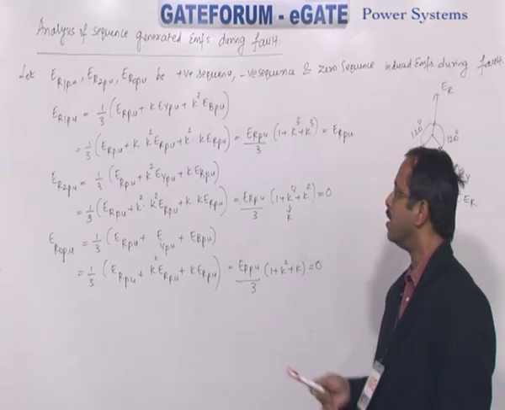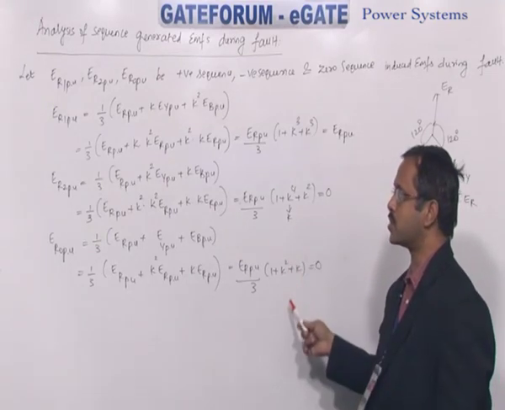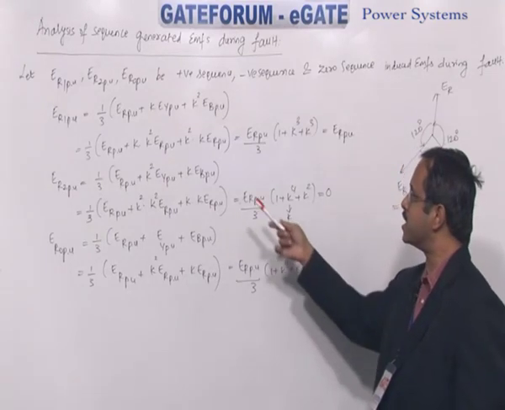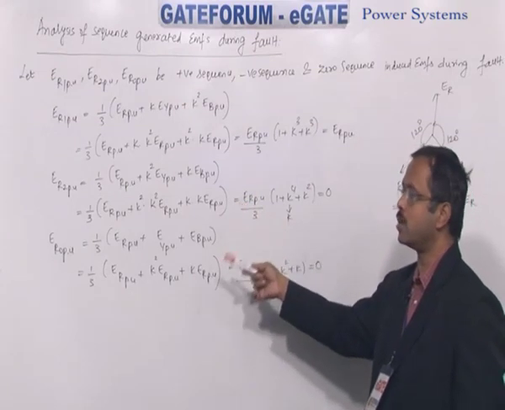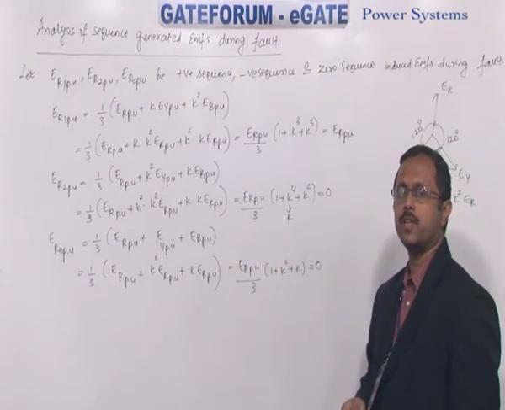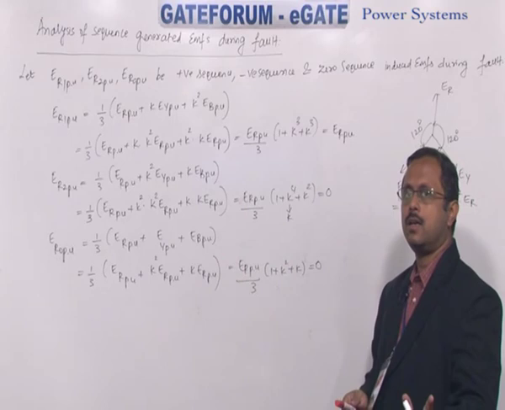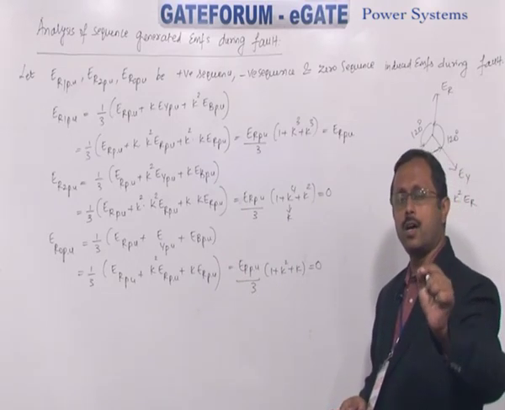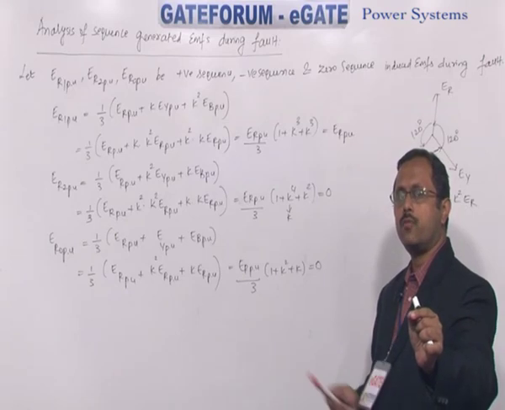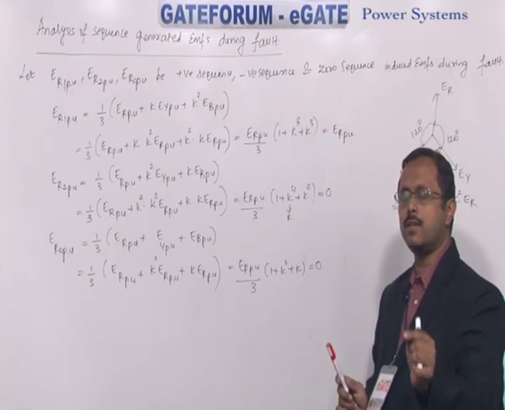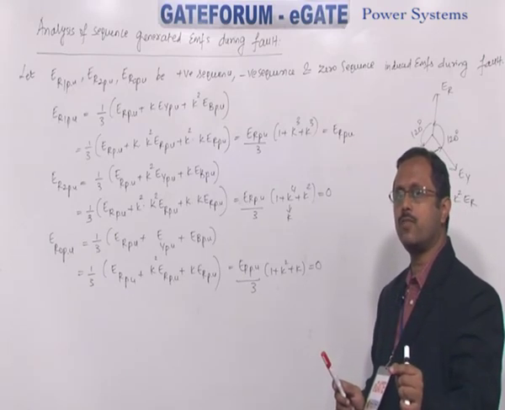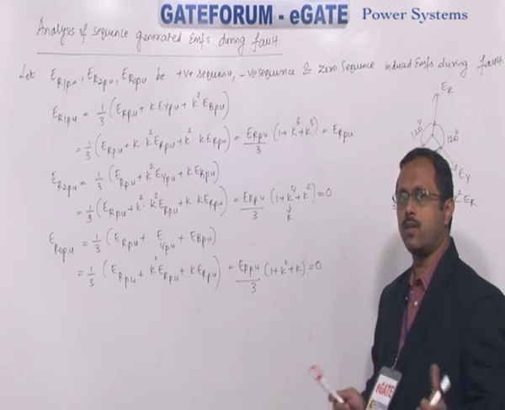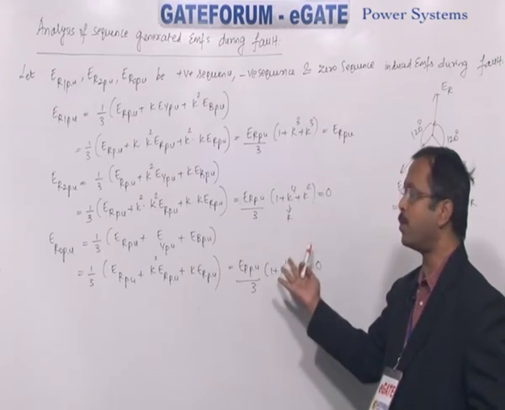That means you don't have a voltage source in negative sequence network and zero sequence network. Important points. So in general, in positive sequence network, we draw the voltage source. We don't draw the voltage sources in negative sequence network and zero sequence network. What is the reason? This is the proof for that.